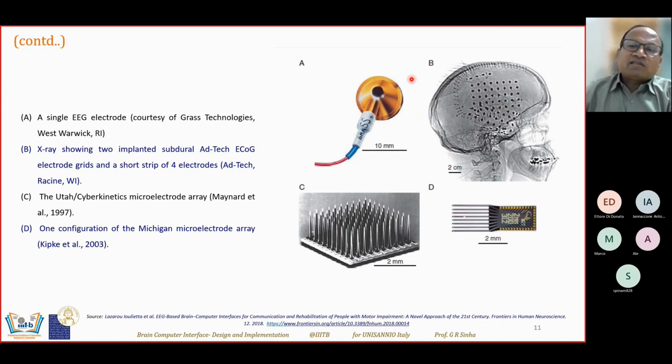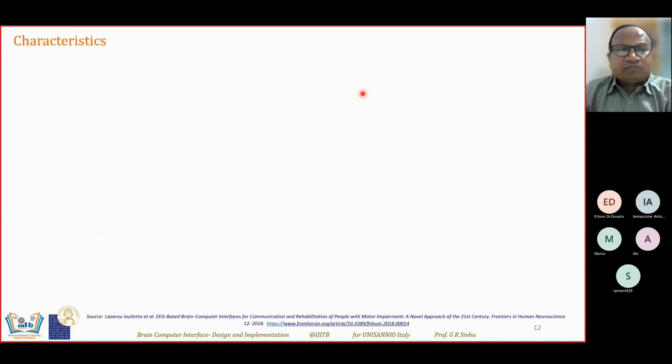But one can start with even, for a person who is interested in working on some hardware, they can think of developing this kind of electrode where a very weak signal can be recorded and captured.